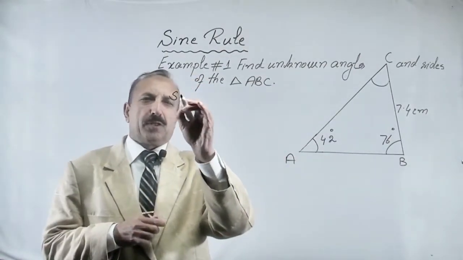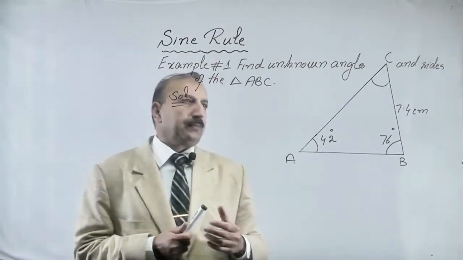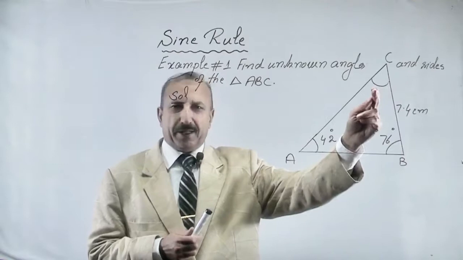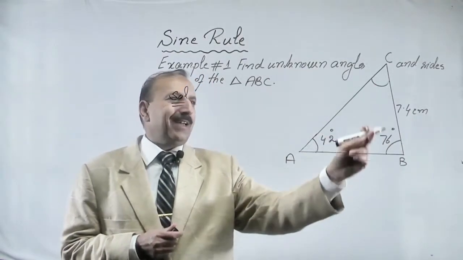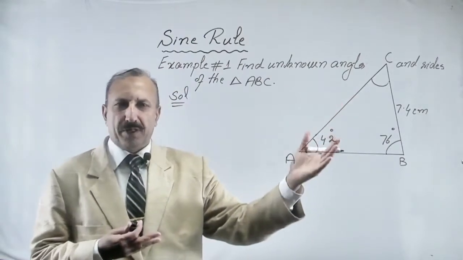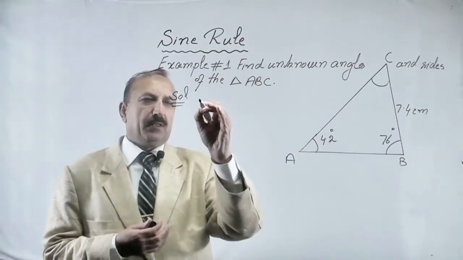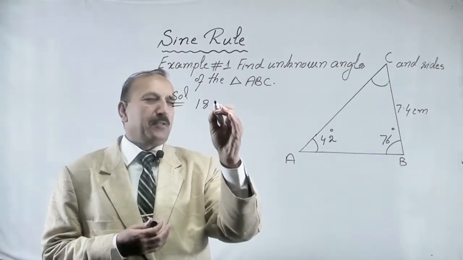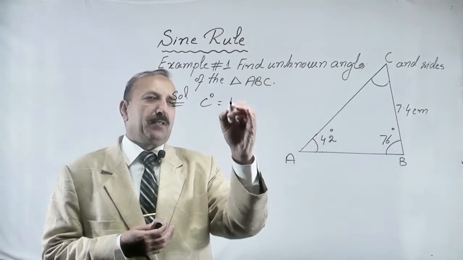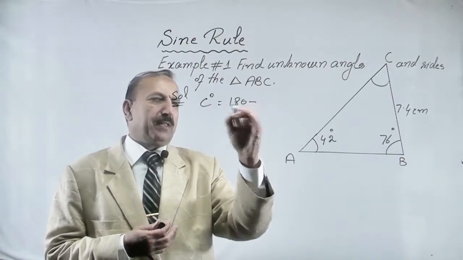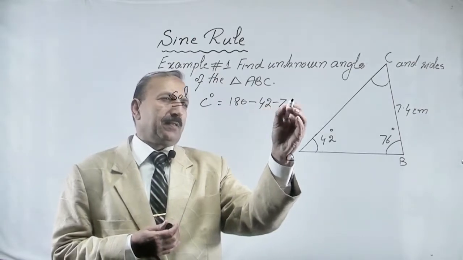Solution for this question is, first of all, let's find this third angle. We can easily find this because the sum of three angles of a triangle is equal to 180, and if we subtract these two angles from 180, we will get the angle C. Let's write angle C is equal to 180 minus 42 minus 76.